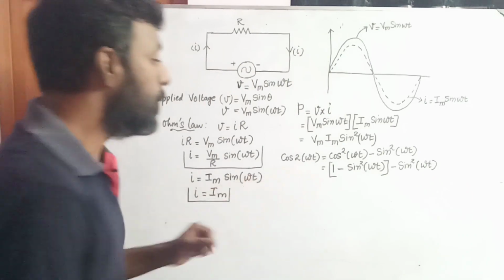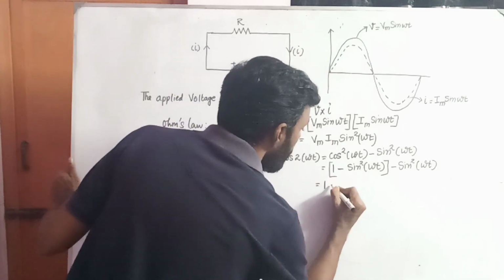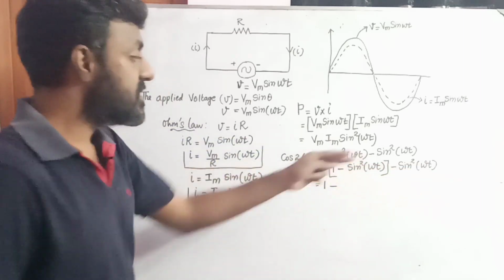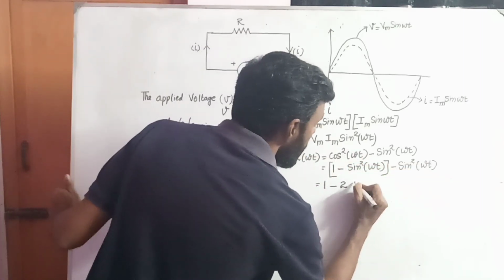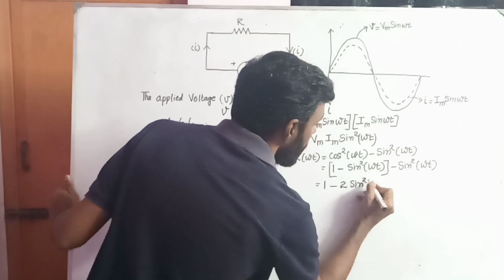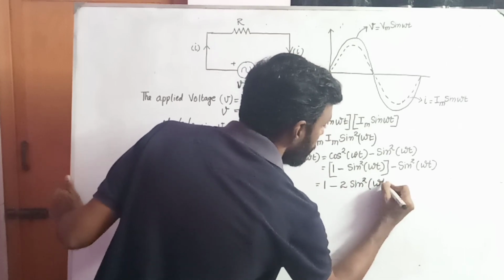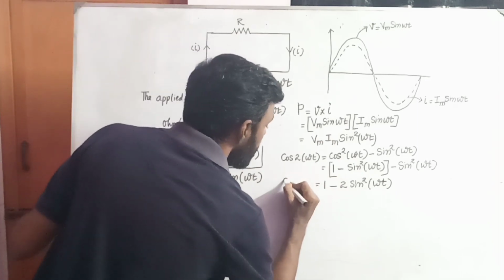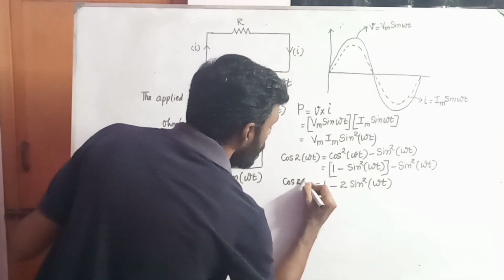So now what I'm going to do is, which is equal to 1 minus sine squared omega t and minus sine squared omega t, which is nothing but minus 2 into sine squared omega t. So I got 1 minus 2 sine squared omega t, which is nothing but cos 2 omega t.